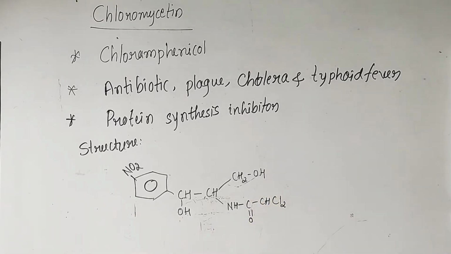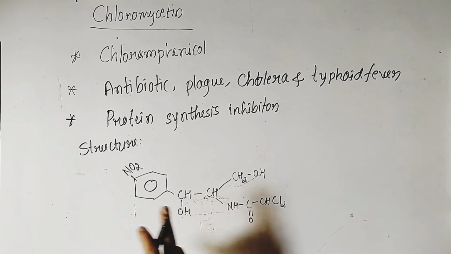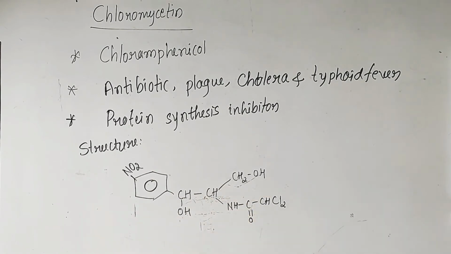See, chloromycetin contains chloro, and mycetin contains the nitro and hydroxyl group as well as amino group.